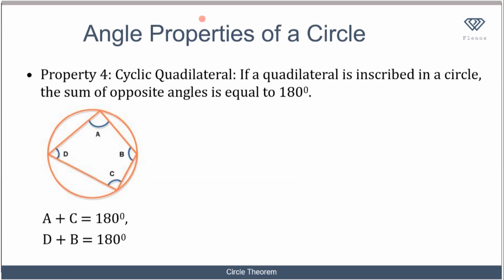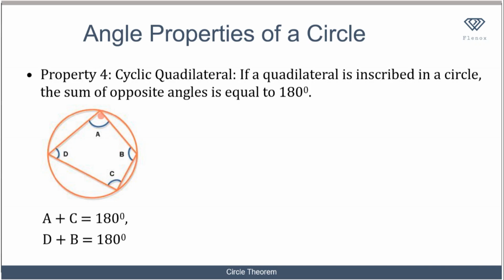This property 4 is referred to as cyclic quadrilateral. What this means is that if you have a quadrilateral inscribed in a circle, the sum of opposite angles is equals to 180 degrees. For example, a quadrilateral is a four-sided figure. As you can see, you have a quadrilateral inscribed in this circle, meaning that all the edges of the quadrilateral are touching at some point of the circumference.